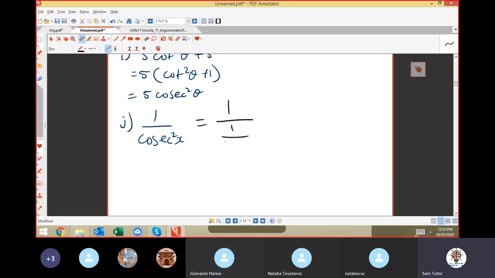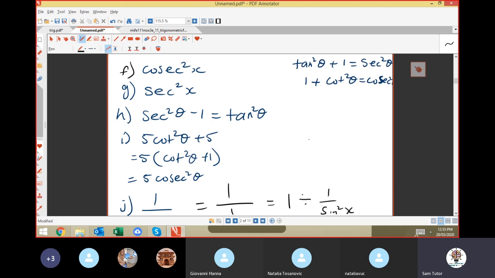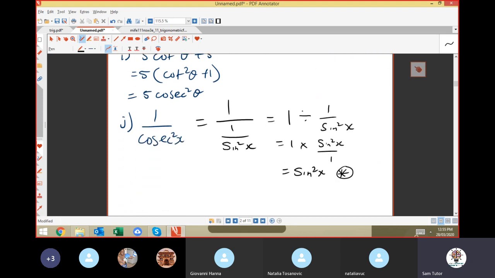Sine squared x. And then you simplify that. So 1 divided by 1 on sine squared becomes 1 times sine squared x on 1. Do you agree with what I've done there, Giovanni? Yep, write it down. Anybody have any questions? And can you see how that is simplified compared to if I had subbed in cosec squared as 1 plus cot squared? It wouldn't have got you anywhere.